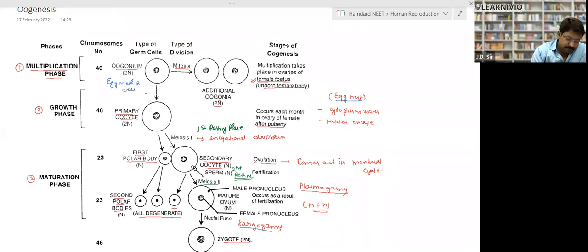It extends over many years. Full stop. Its cytoplasm and nucleus enlarge after puberty.